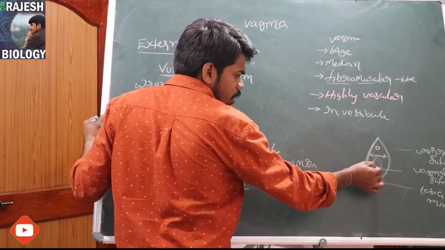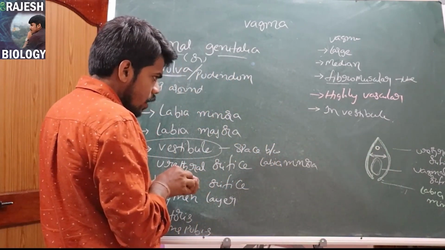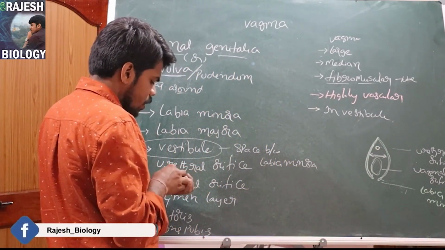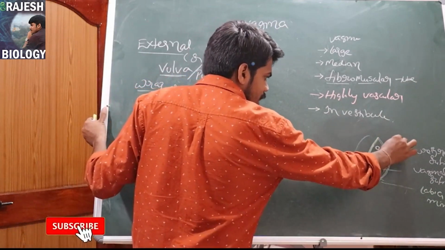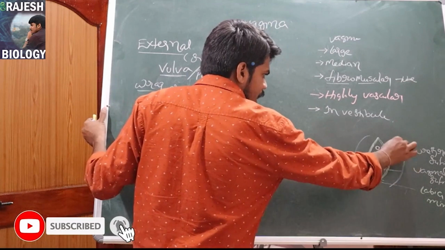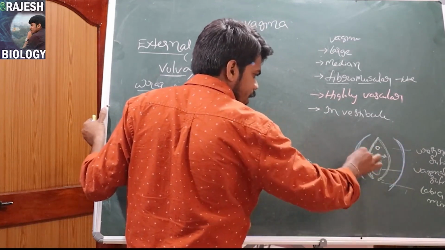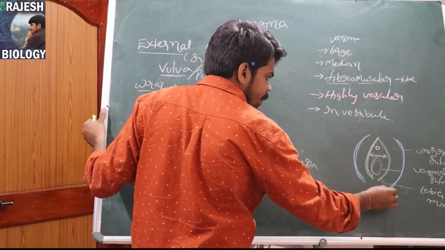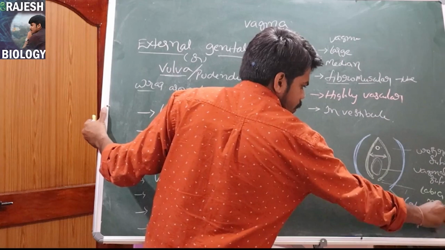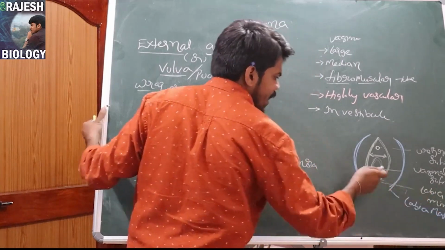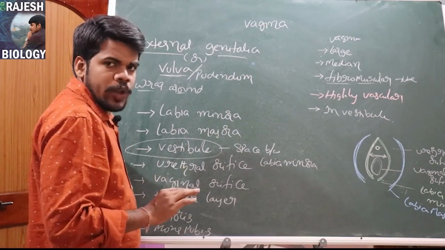So the urethral orifice and vaginal orifice are covered by pairs of fleshy folds. Those fleshy folds are called labia minora and labia majora. The blue lines I draw now are the labia majora, and the green lines I already drew are the labia minora.